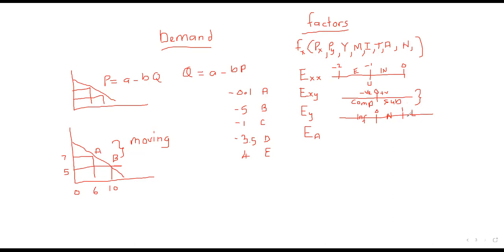An inferior good is a good whose elasticity of income is negative. As your income increases, you demand less of it. Like Salaula, income goes up, you don't want to go and queue up there. When we were growing up, they used to buy a lot of this.